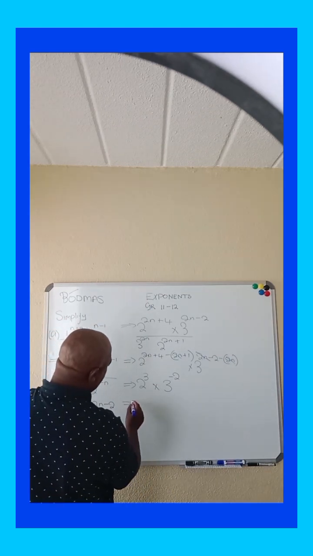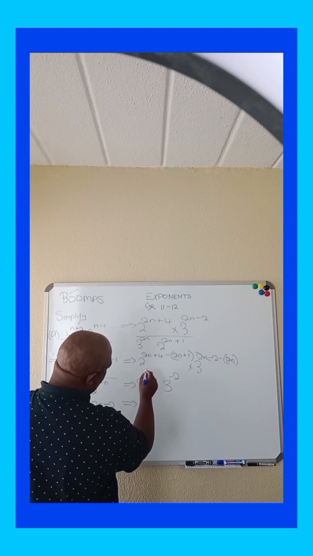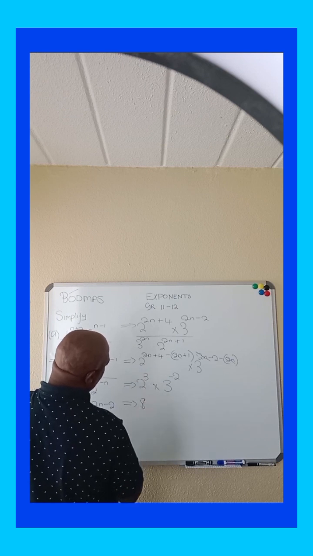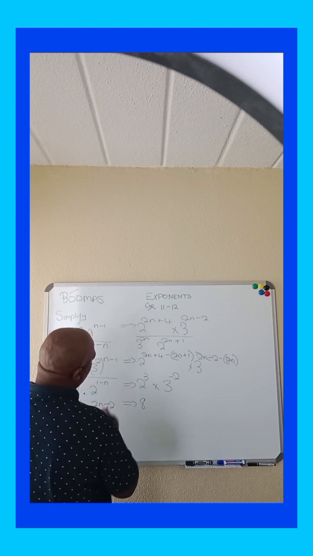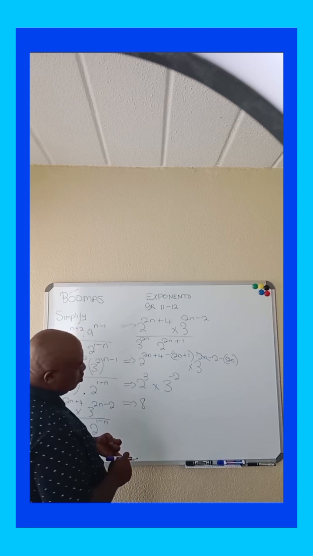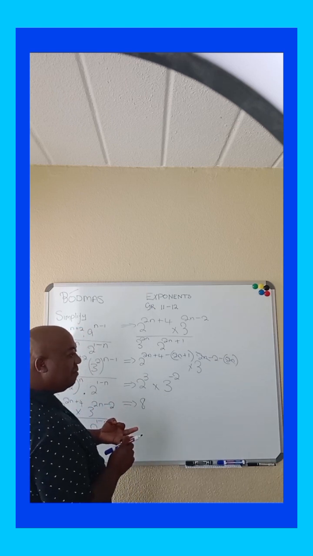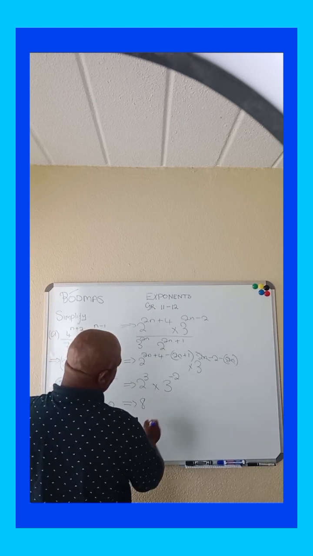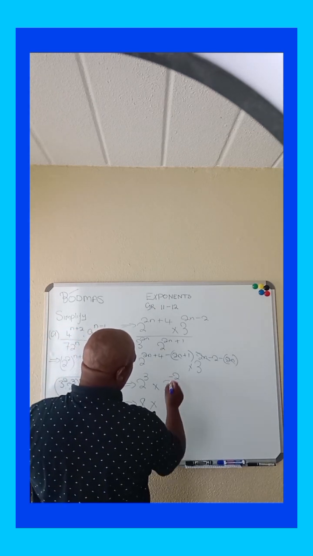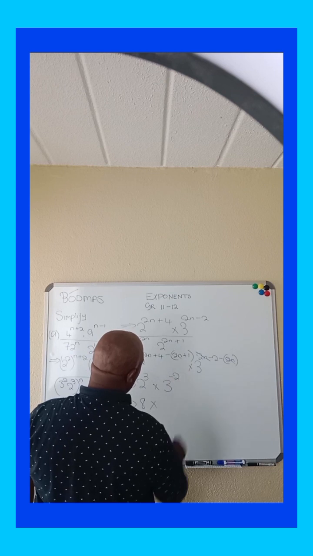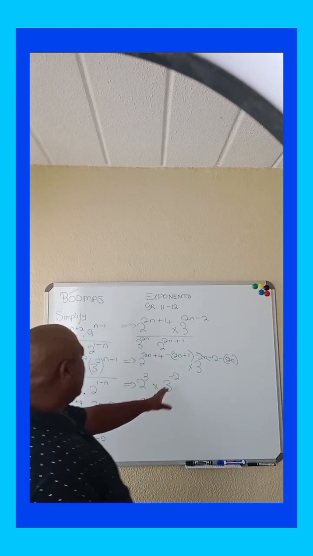Okay, now here. So 2 to the power 3 is 8, meaning that we are going to say 2 times 2 is 4. 4 times 2 is 8. That is, multiply 2 by itself 3 times. And then here, 3 to the power minus 2. You see, there is a minus.